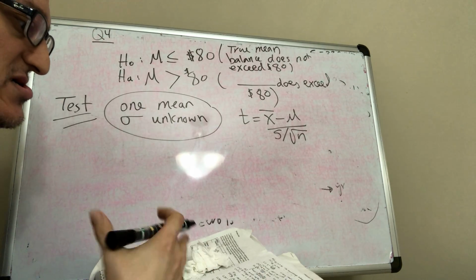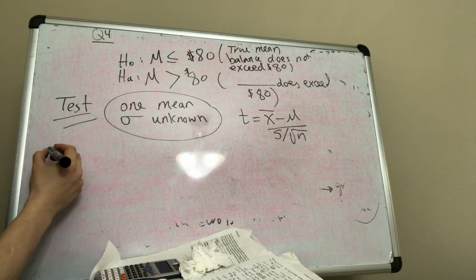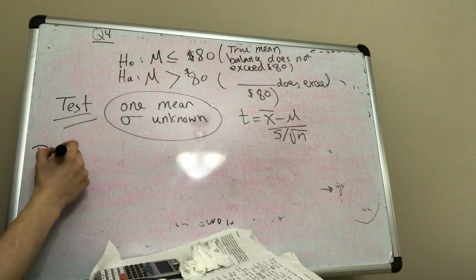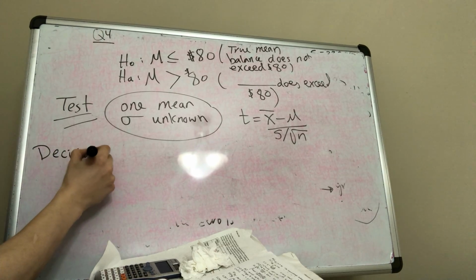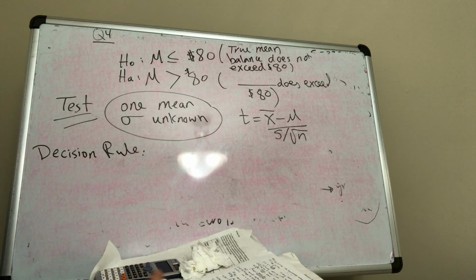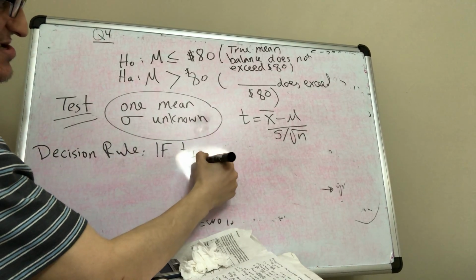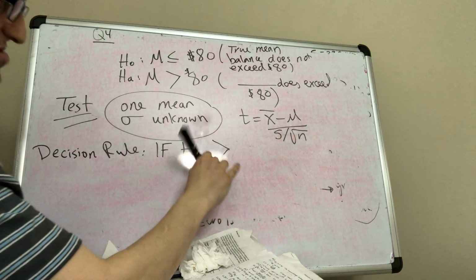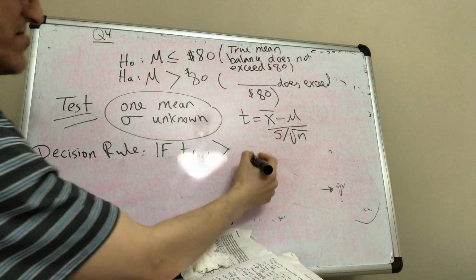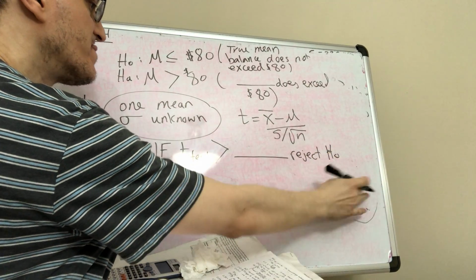Now the next question is, what's your decision rule? Since it says exceeds, we know it's a one-tailed system. For a one-tailed system, the more the t-test, the more we're going to reject H0.